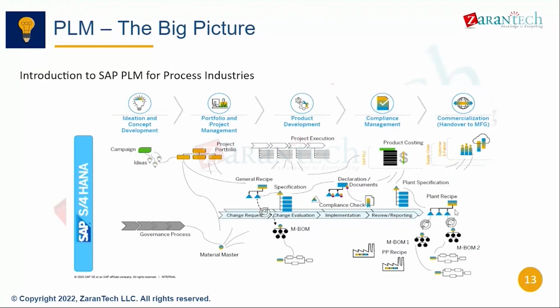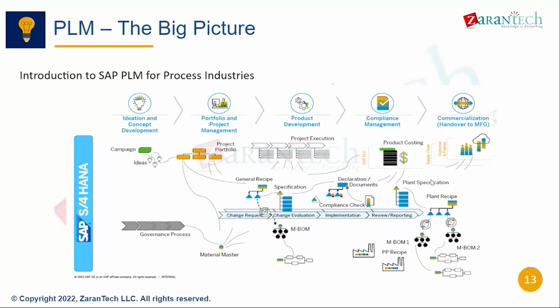The plant recipe will have different BOMs. These BOMs can be specific to one raw material, or to one intermediate, or there can be multiple BOMs. So the plant recipe differs from plant to plant, and it is not at global standard. The global standard will only have the general recipe, where you can't change anything. If you want to change anything with respect to a plant, you need to do it at the plant recipe level.